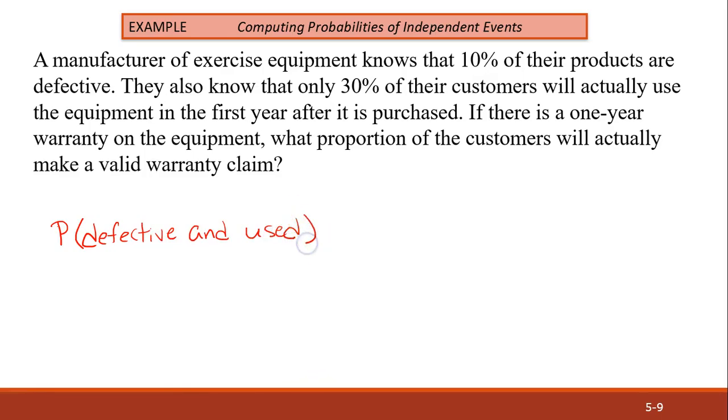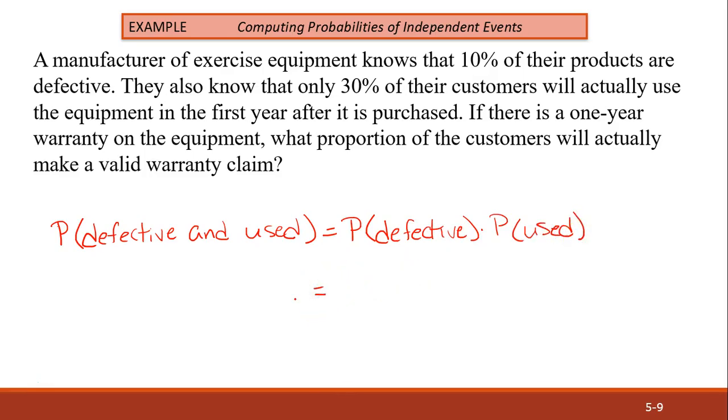Using the independent events multiplication rule here, this is equal to the probability of the defective equipment times the probability that it is used.